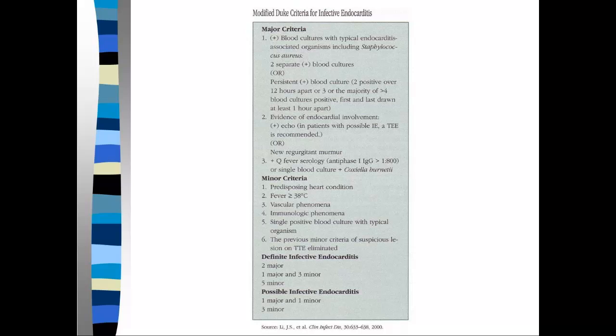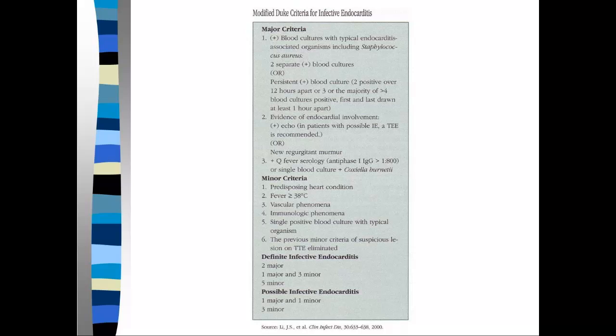So there are, of course, 3 components to the major criteria for the modified Duke criteria: documentation of positive blood cultures with typical pathogens, such as Staphylococcus aureus, evidence of an endovascular or endocardial lesion, and we can do that with echo, or the presence of a new murmur, right, one that has not been previously diagnosed. And then for patients with culture-negative endocarditis, they added the issue of positive serology to Coxiella.